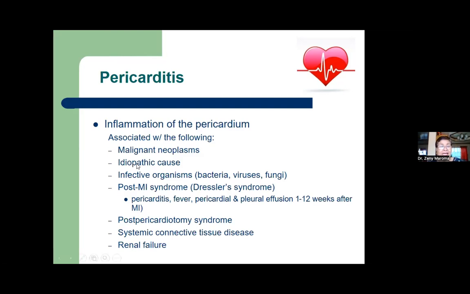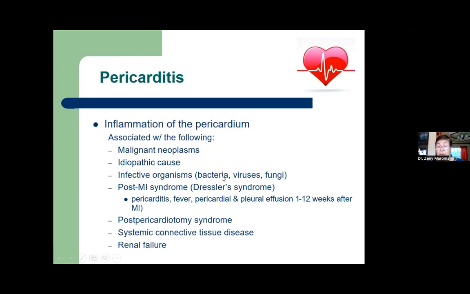Idiopathic cause. When you see the word idiopathic, it means the exact cause is unknown. No known cause, but the patient developed pericarditis. Third, infective organism, meaning caused by microorganisms. So therefore, caused by bacteria, viruses, fungus.